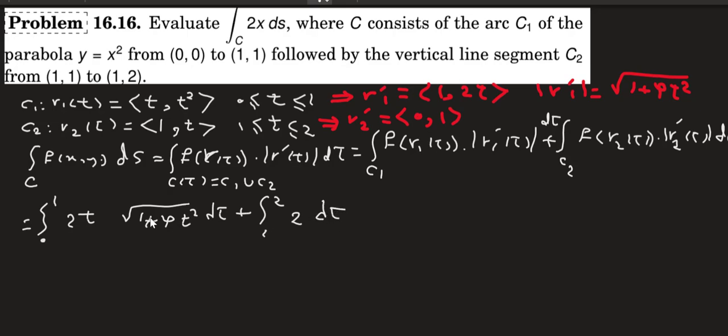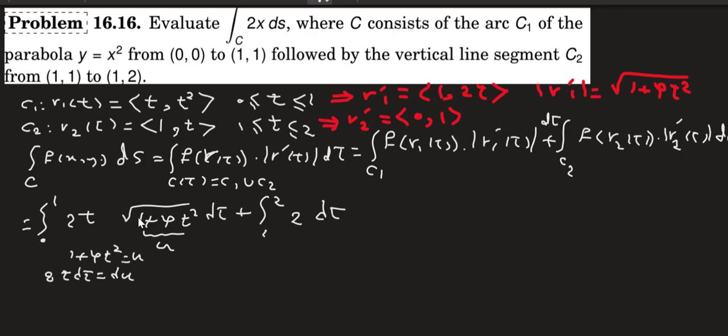And so we can very easily get this integral by considering 1 plus 4t squared as u. If we suppose this is equal to u, then the derivative gives 8t dt equal to du.